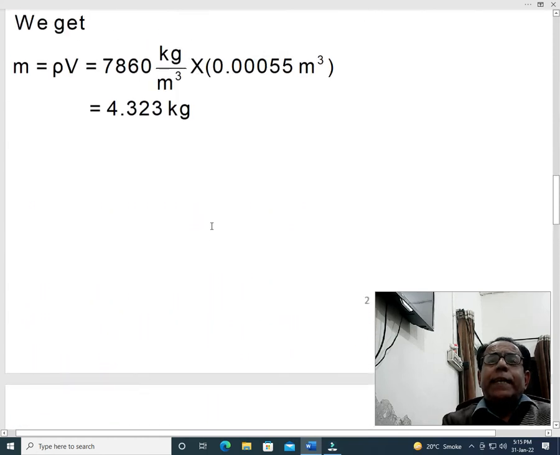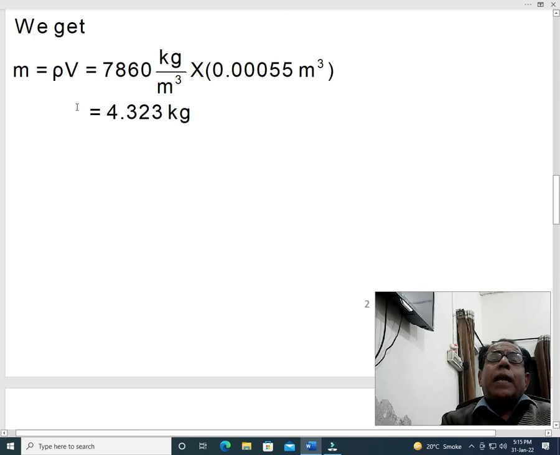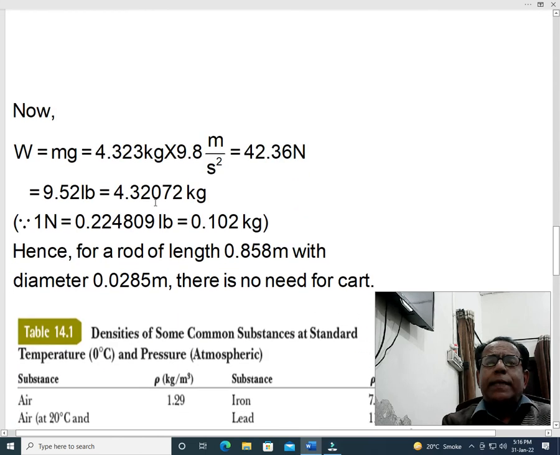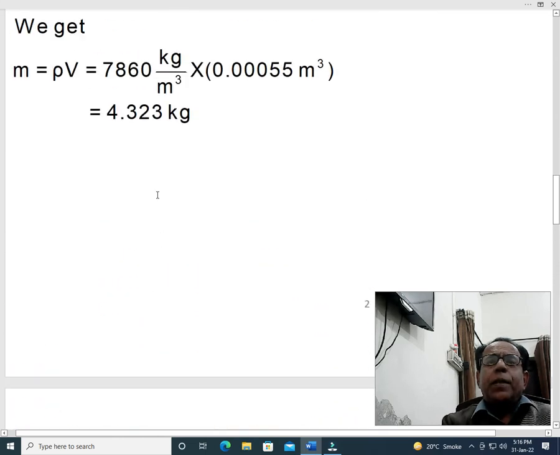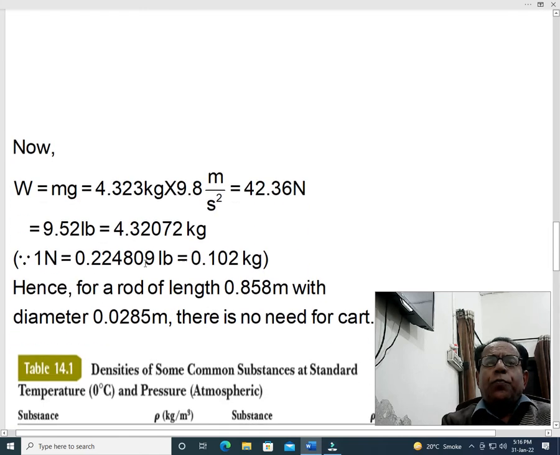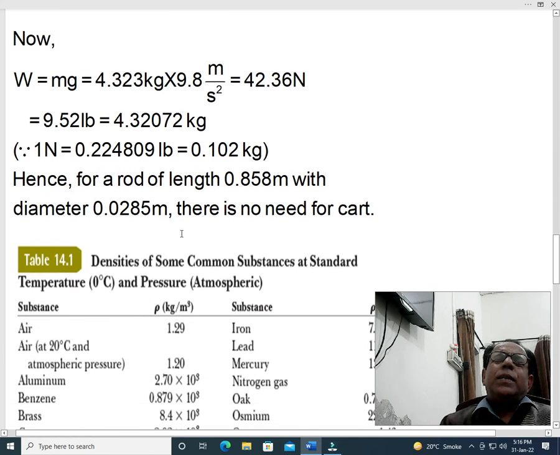Dear students, here we have calculated mass equal to 4.323, and here 4.32072, a very small or negligible difference.